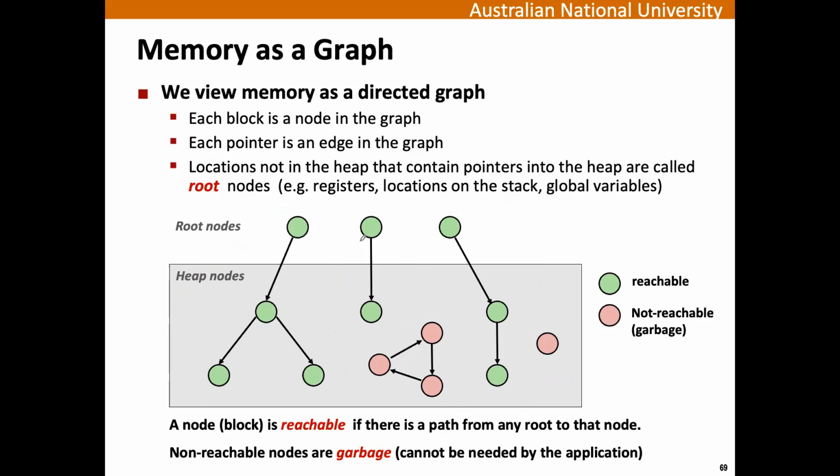So we have a graph of nodes, and we do a reachability analysis. We follow pointers starting from the root nodes, and at the end, anything we have not encountered is no longer used by the programmer.